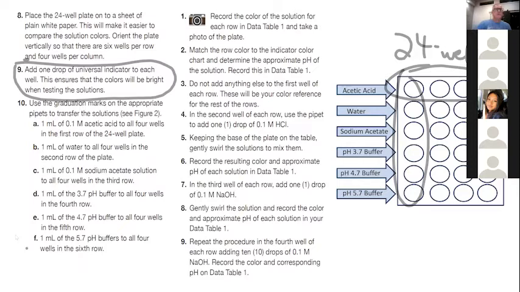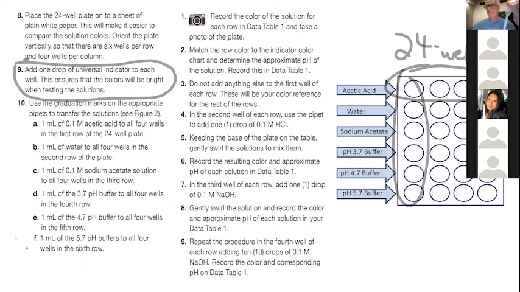And then we're going to use our transfer pipettes. And if you look at the transfer pipette, they do have a measure on them just below the bulb that says 1 mil. So basically you want to draw up 1 mil.